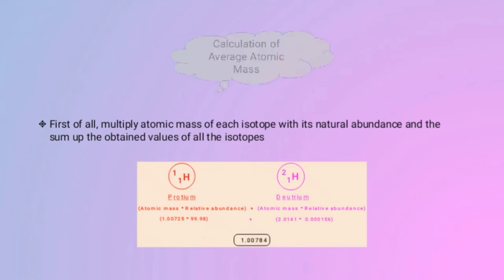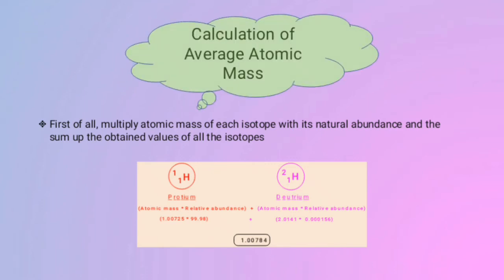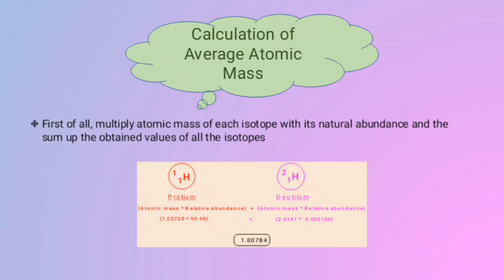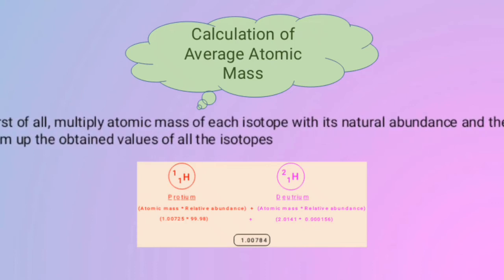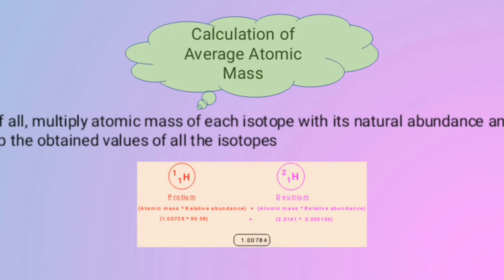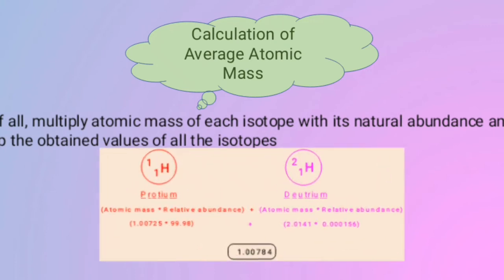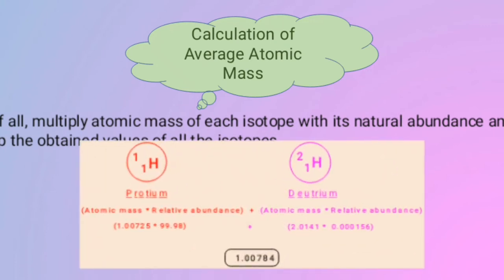Now this is the time to learn about the calculation of average atomic masses. It is simply the sum of the products of the atomic mass of each isotope of that element with its relative abundance. For further clarity, we will discuss the example of hydrogen. As everyone knows, hydrogen has two stable isotopes, that is protium and deuterium.